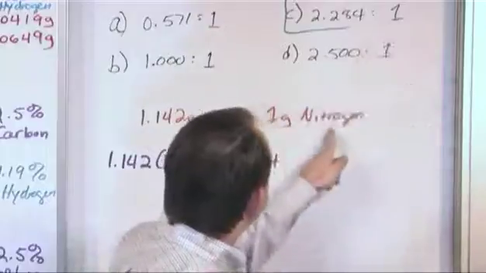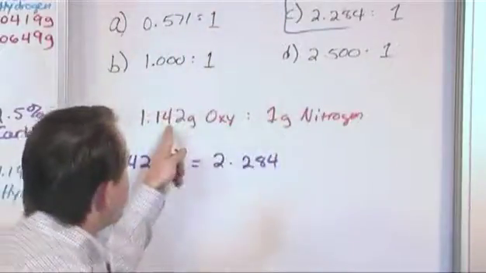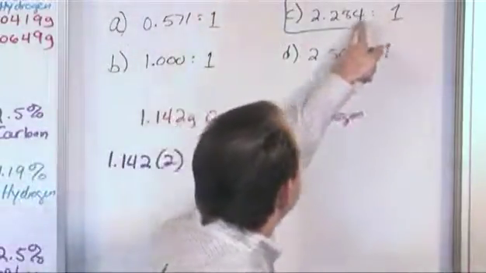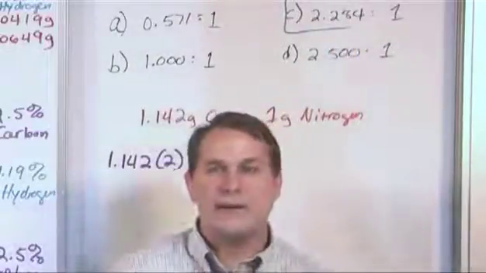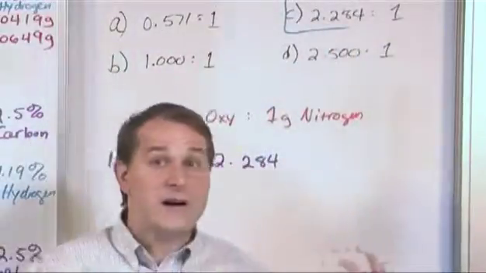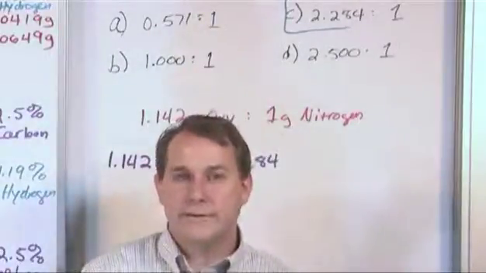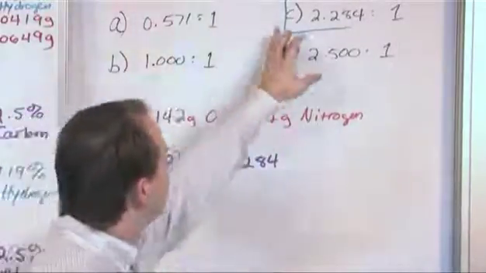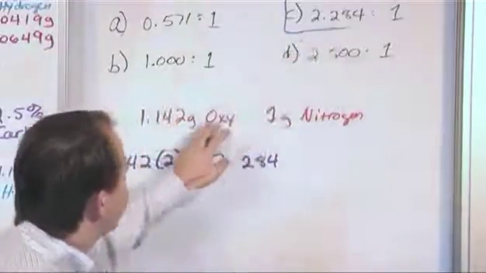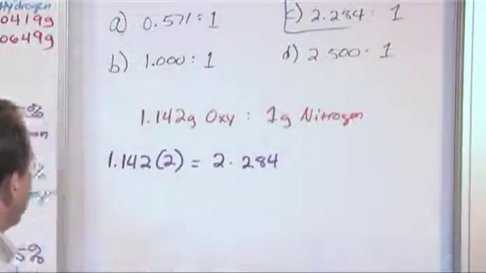So this is 1 gram of nitrogen to 1.142 grams of oxygen. This is 1 gram of nitrogen to 2.284 grams. So it requires double the amount of oxygen for every single unit of nitrogen there. That's why this is a multiple, because it requires double the oxygen for the same amount of nitrogen.